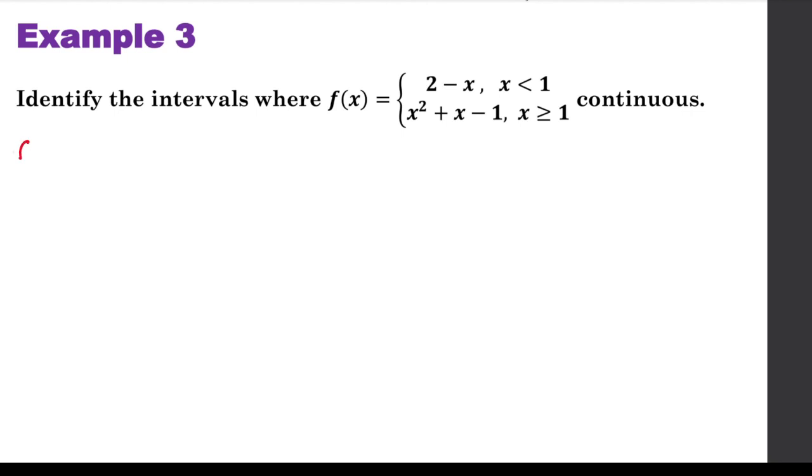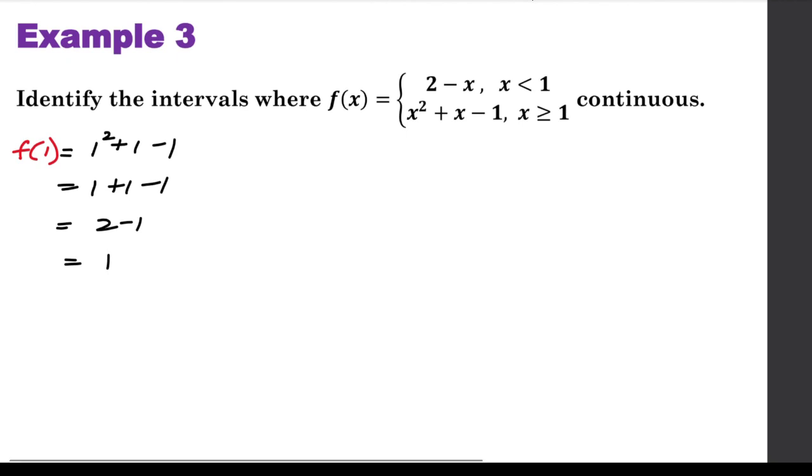So let us try to verify. Let us first get f of 1, and we're going to use the function x squared plus x minus 1. So we have 1 plus 1 minus 1, and we have 1 for f of 1.